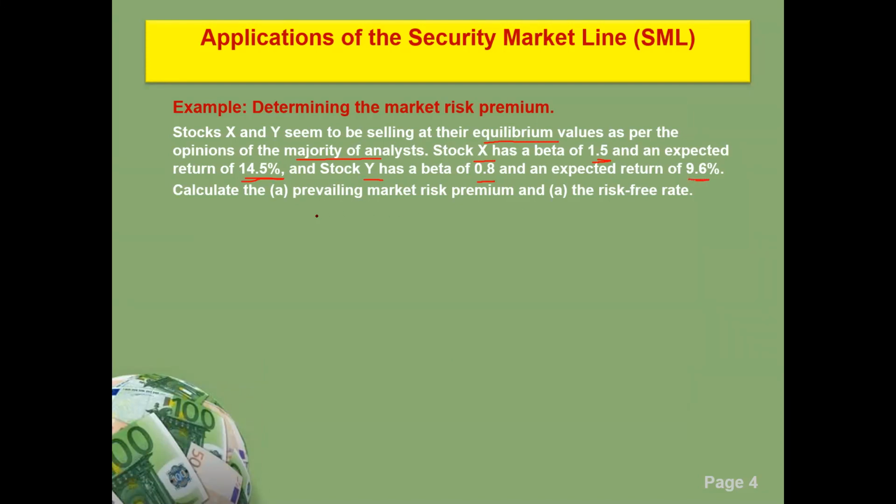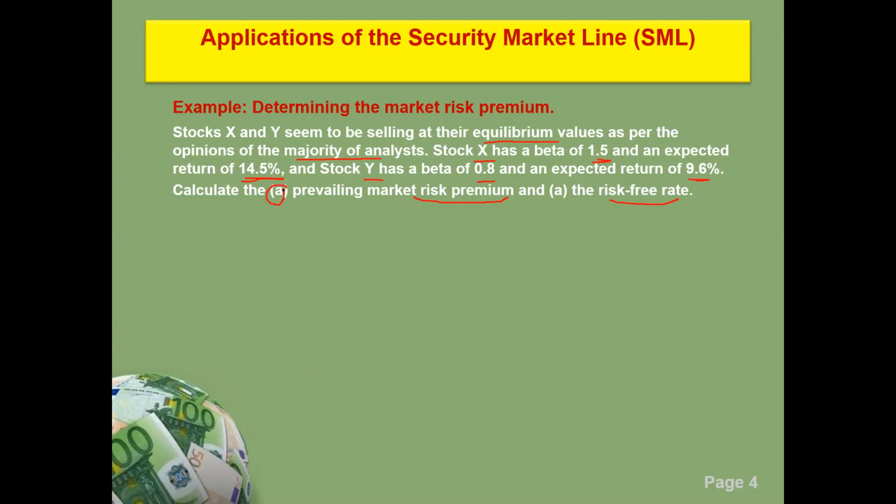We need to find the market risk premium. This is the first thing we are going to find. And second, we need to find the risk-free rate. Since we need to find the market risk premium, we have to see what information we have.